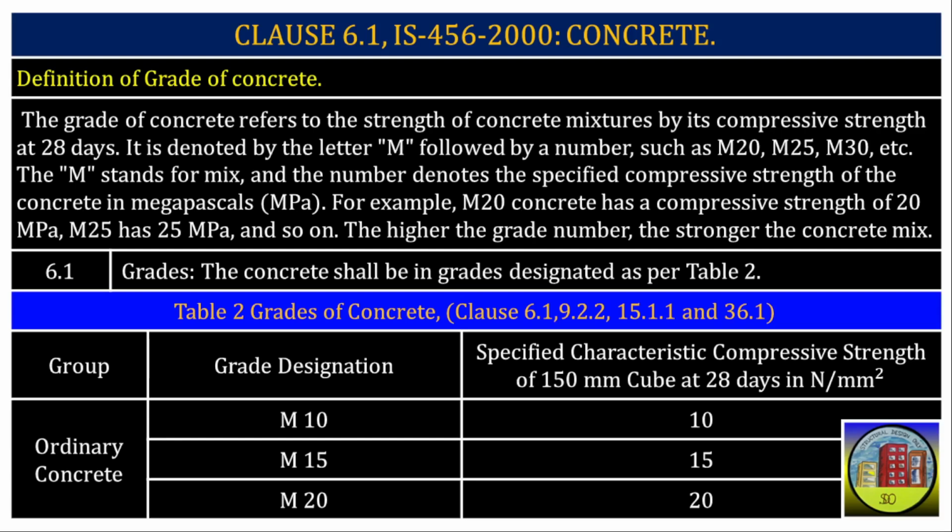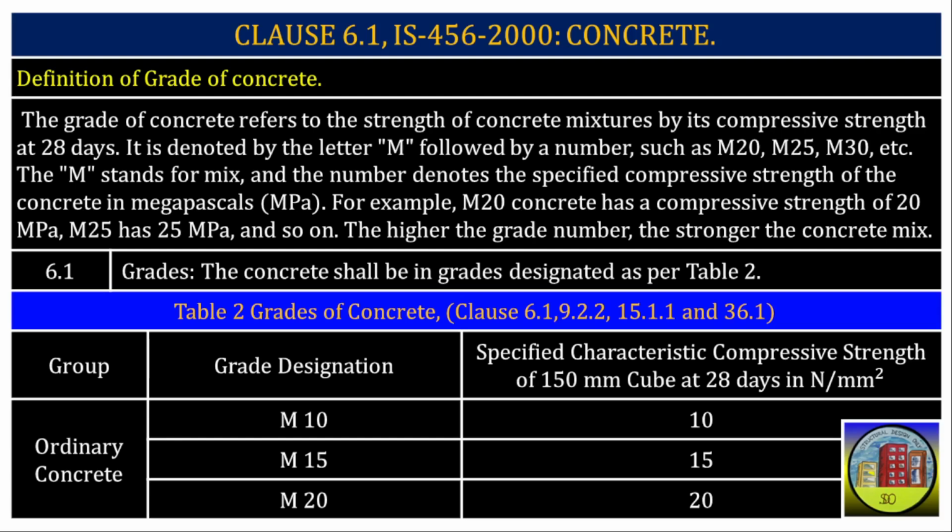Clause 6.1, grades. The concrete shall be in grades designated as per Table 2. Table 2, grades of concrete, Clause 6.1, 9.2.2, 15.1.1, and 36.1. Column 1, Group.